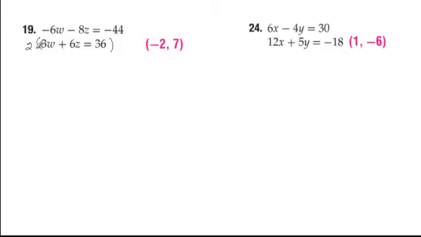But in this question the numbers are already different, but we can make one of them the other. So if we multiply by 2, let's write the first equation. We get minus 6w minus 8z equals minus 44. And here 2 times 3 is 6w, 2 times 6 is 12z, 2 times 36 is equal to 72.